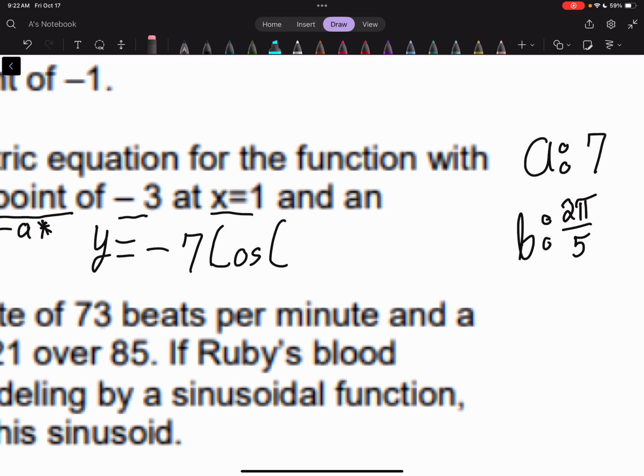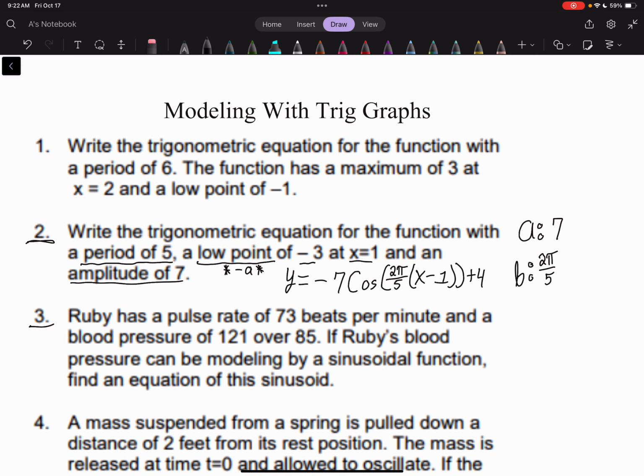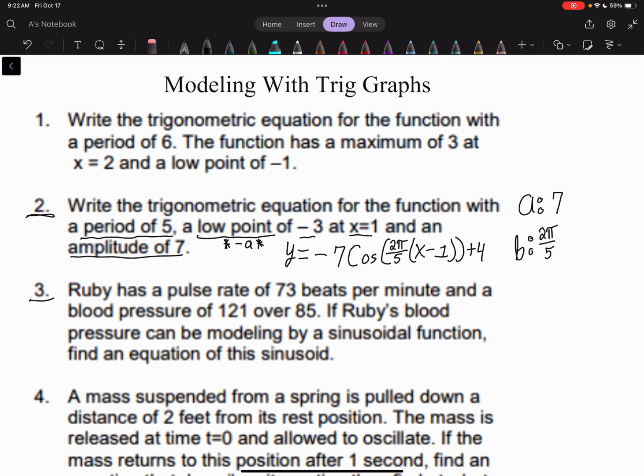Let me fix that first c. Cosine of 2 pi over 5 parenthesis x minus 1 plus 4. You can go in and try number 1.